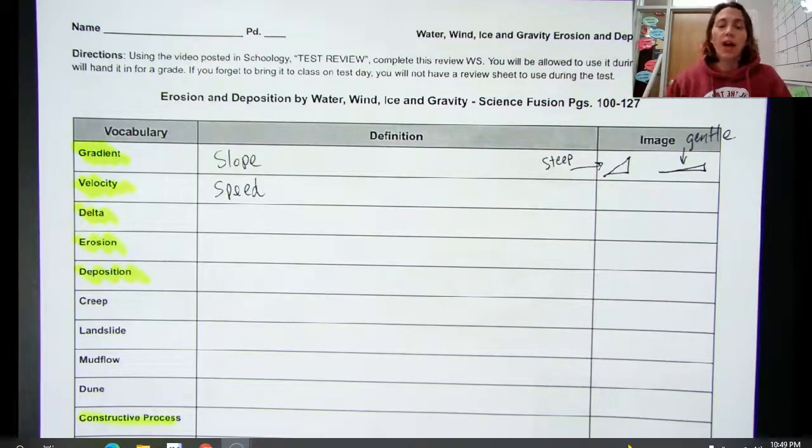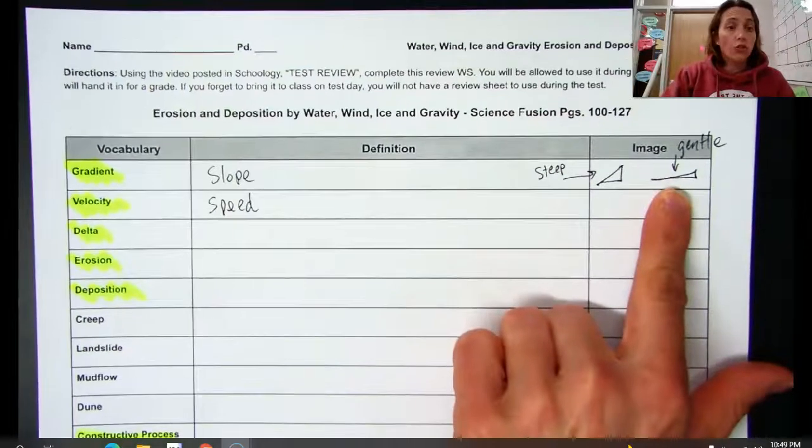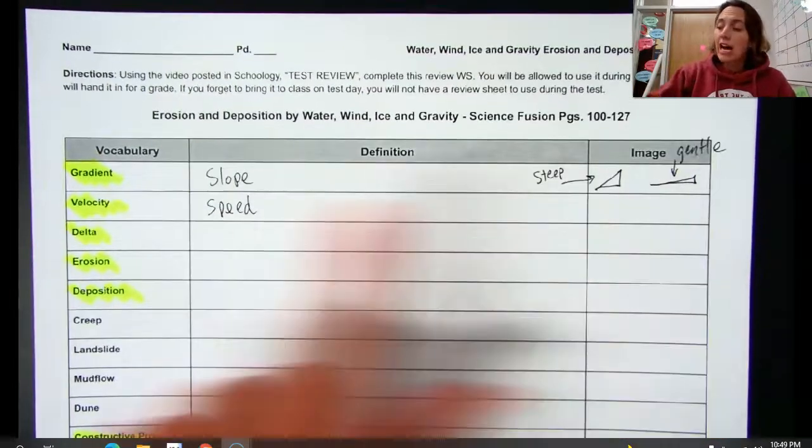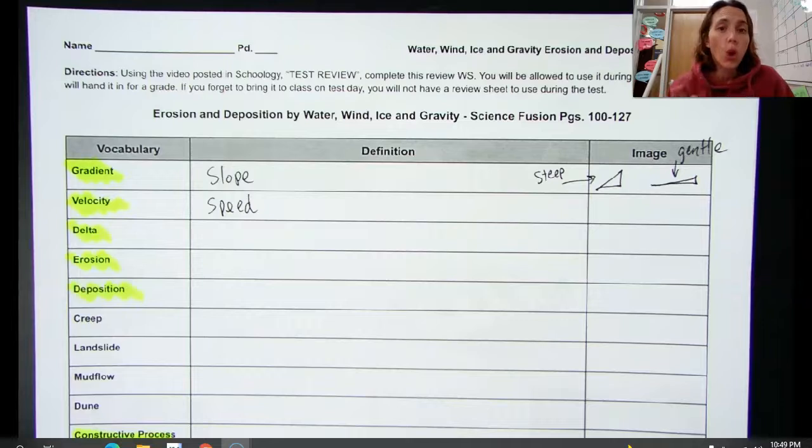On the opposite side, if you have a low gradient, a gentle gradient, velocity will be slow, or it will be decreased.